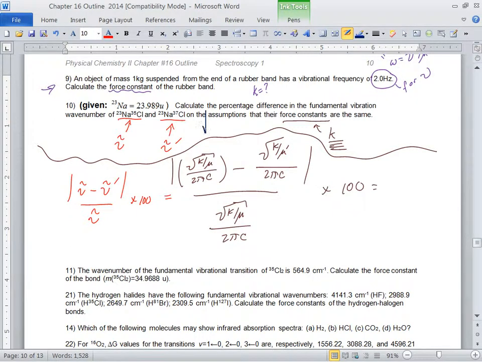We could cancel this whole thing out, but we'd have to expand it out to this over this minus that one over that one. I don't know if that's going to help a whole lot. What can we literally just start crossing out? 2 pi c, definitely. Is there anything else?